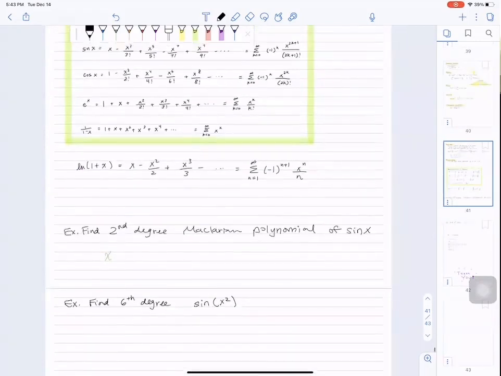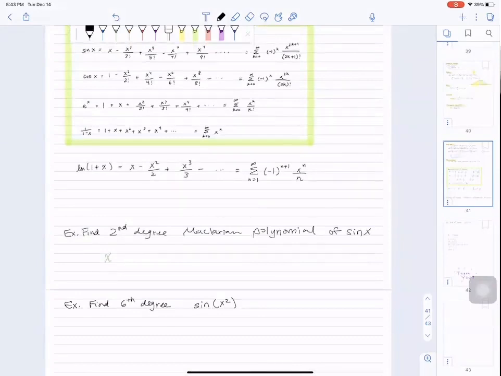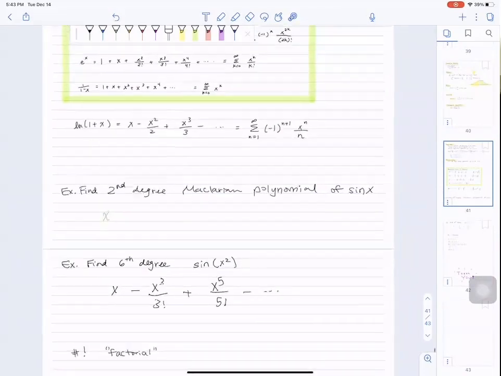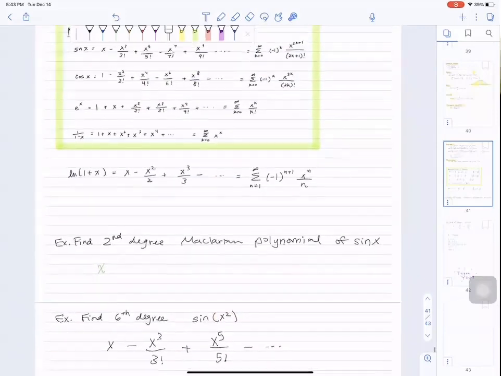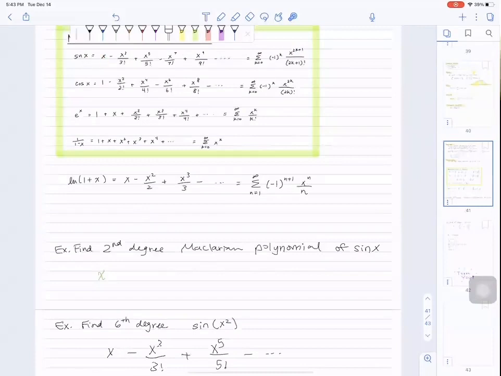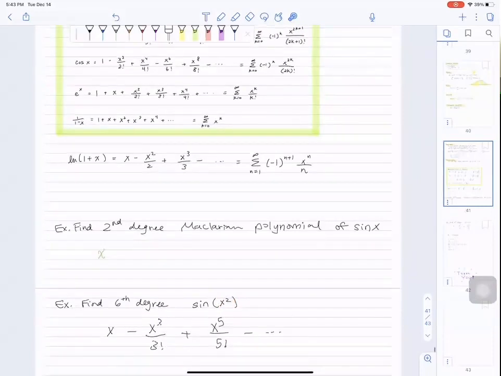What do you do then? Our original Maclaurin series was x minus x cubed over 3 plus x to the 5 over 5, etc. Now it's sine of x squared. In our original thing we were plugging in x, but now it's x squared. So the only difference is that wherever you see an x, you put x squared instead.